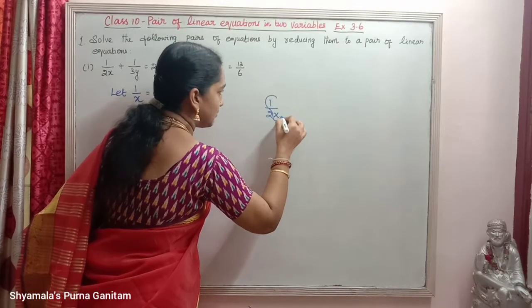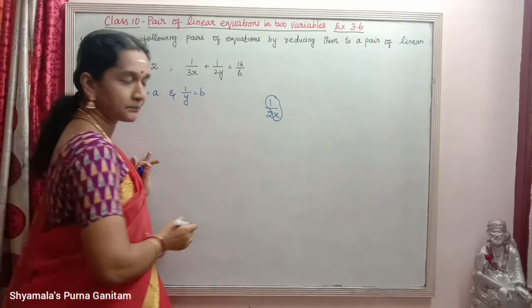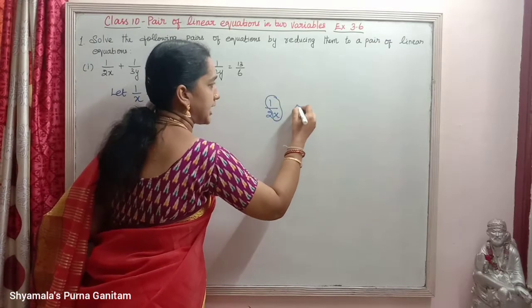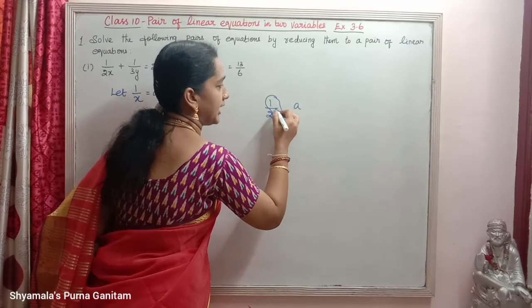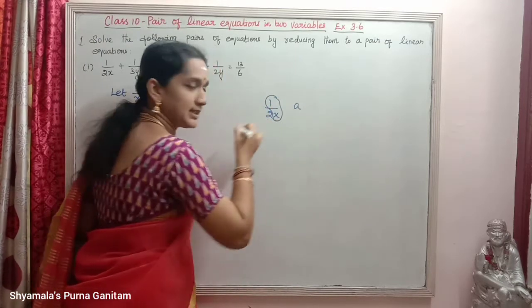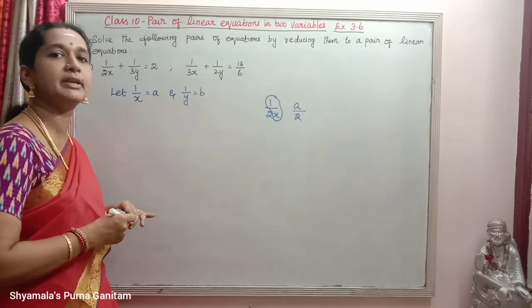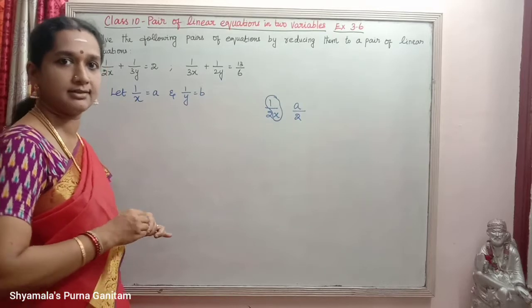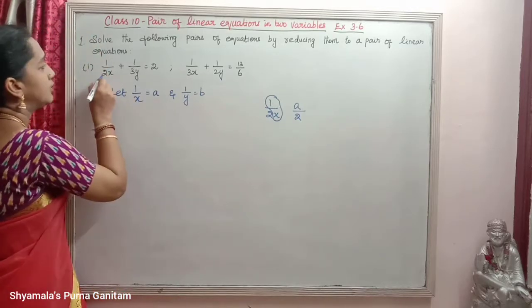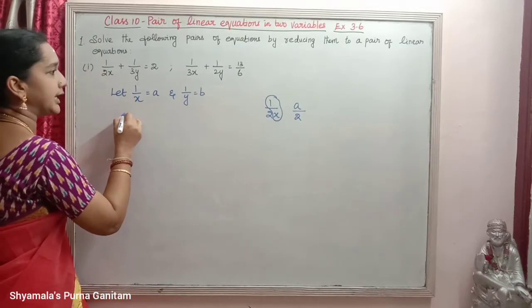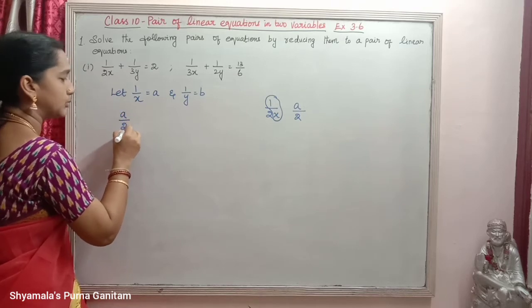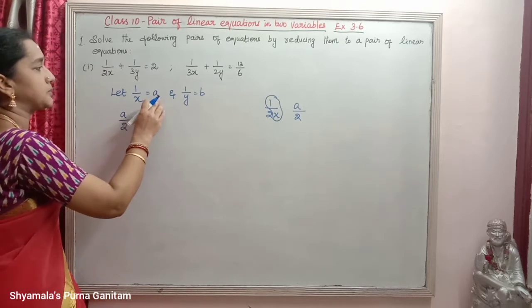So a we will be replacing in the place of 1 by x, and in the denominator we will be having 2 as it is. So we will get, for the given equation, a by 2. Instead of 1 by x, we are substituting a.